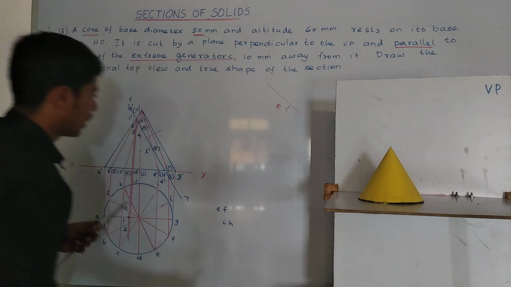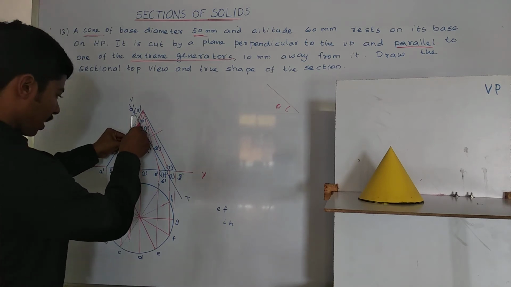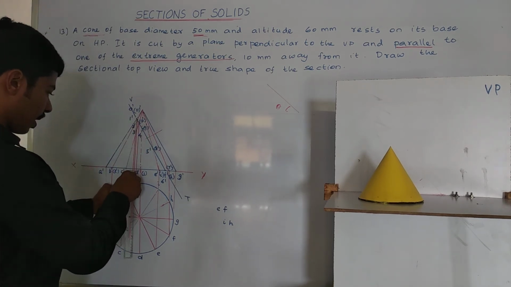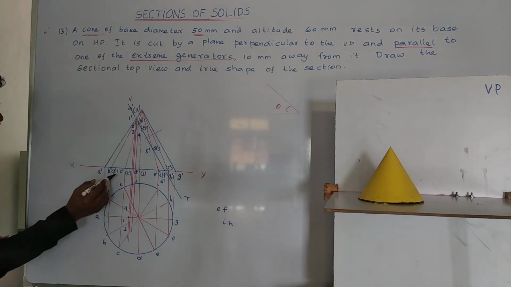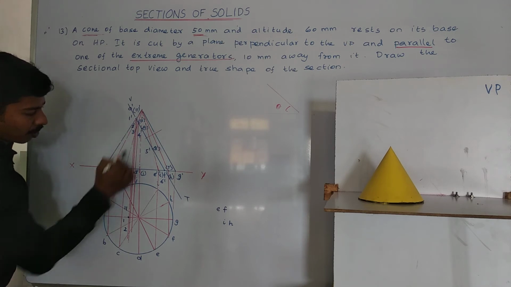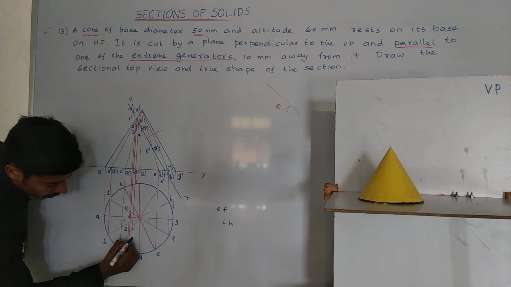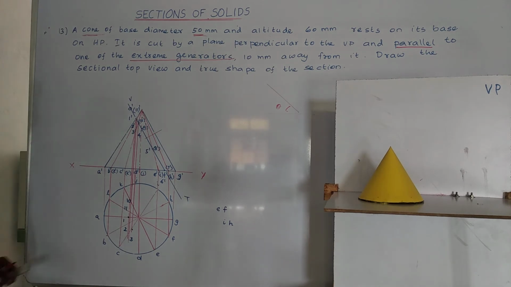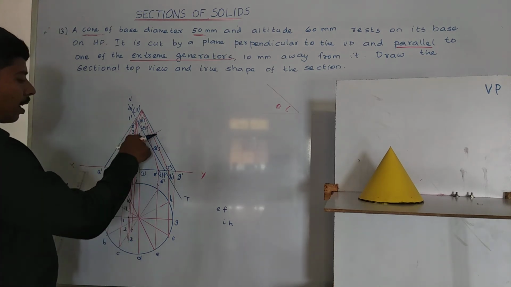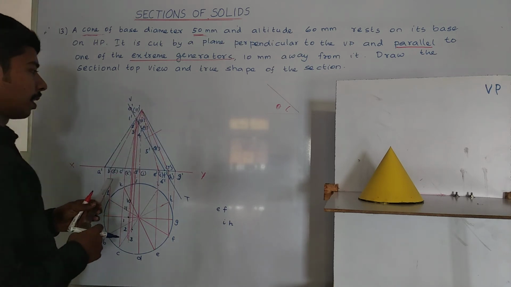Then 3 and 10. 3 and 10 are from OC and OK. OC is 3 and OK is 10. Okay. Then next point is 4 and 9. We can't mark them directly.